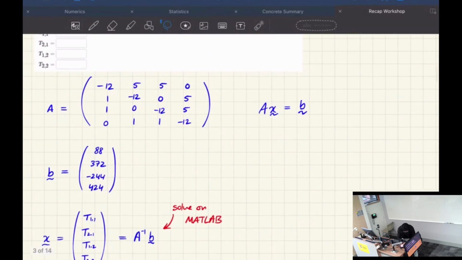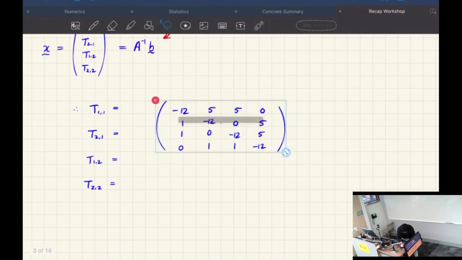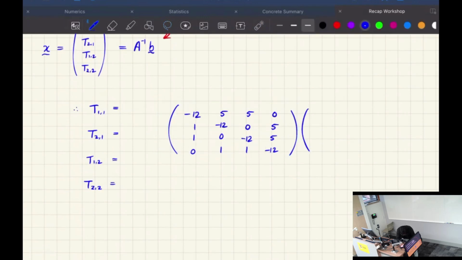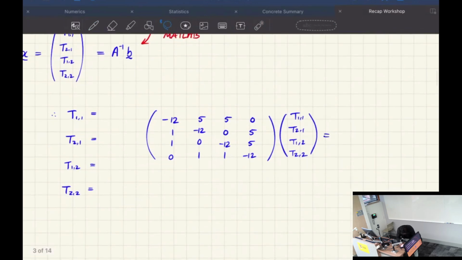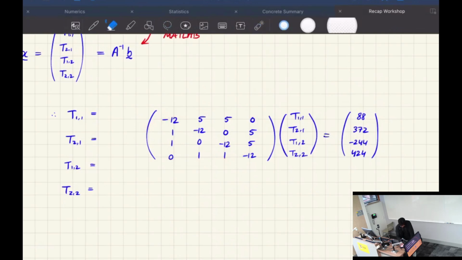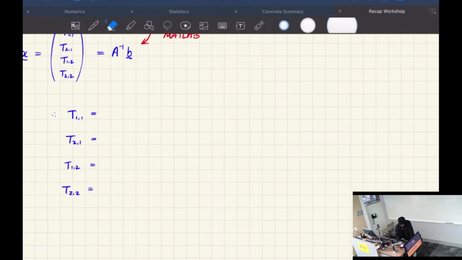So we're trying to solve for T11, T21, T12, T22, which is equal to this. By the way, before I move on, does everyone see where I get this matrix from? Yeah? Okay, that's good. And then you just chuck it into MATLAB.